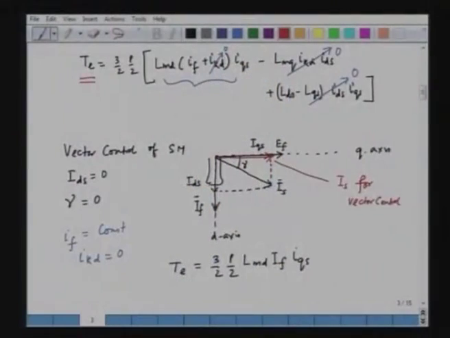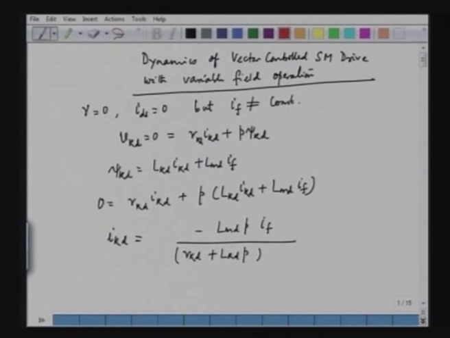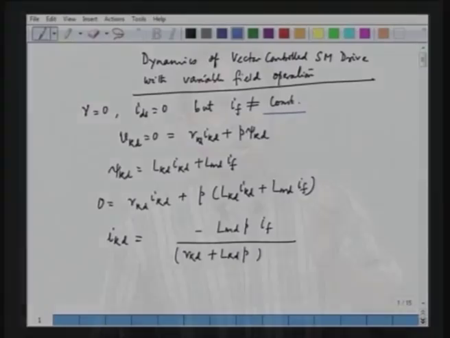Now, we make one relaxation. We have assumed that IF is constant. Now, if we say IF is variable, what happens? That is what we were discussing in the last lecture. If IF is not constant, the damper currents in the d axis will not be constant.